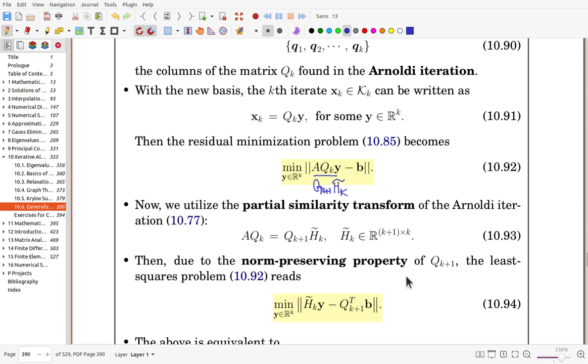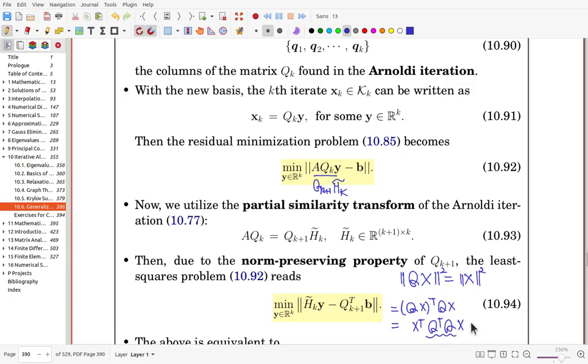That means that once Q has the norm-preserving property, then for any vector x, the norm of Qx is the same as the norm of x. After application, the norm is not changed. You can check this quite easily. For example, the square of the norm of Qx is (Qx) transpose times Qx. Now we rewrite this as x transpose Q transpose Q x.